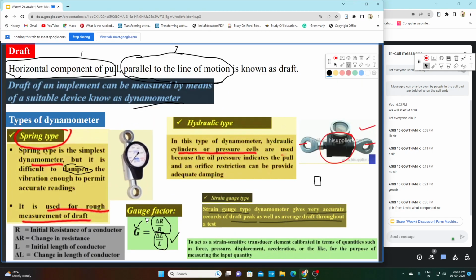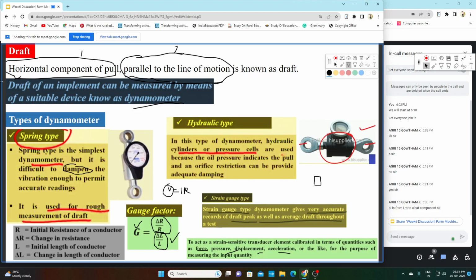When we get this change in resistance, multiplying I with resistance gives voltage, right? V equals IR. If we give a constant voltage to the strain gauge, we can get the change in voltage. Our change in voltage is calibrated in terms of force, pressure, displacement, acceleration, or other values.